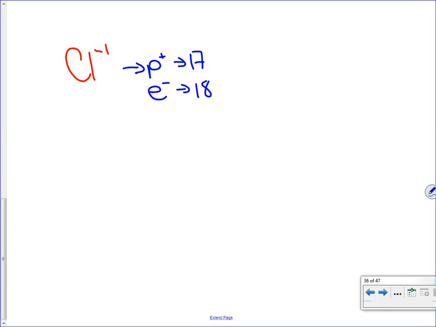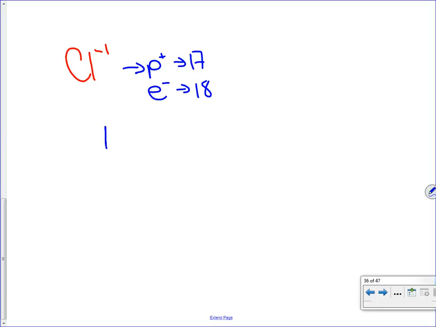If we do that, we can start without any shortcuts. We'd go 1s2, 2s2. Where do we have to go? Where's chlorine? Chlorine is in 3p. So we have to go to 3p and one more than what it is, 3p5, so 3p6 is where we need to go.